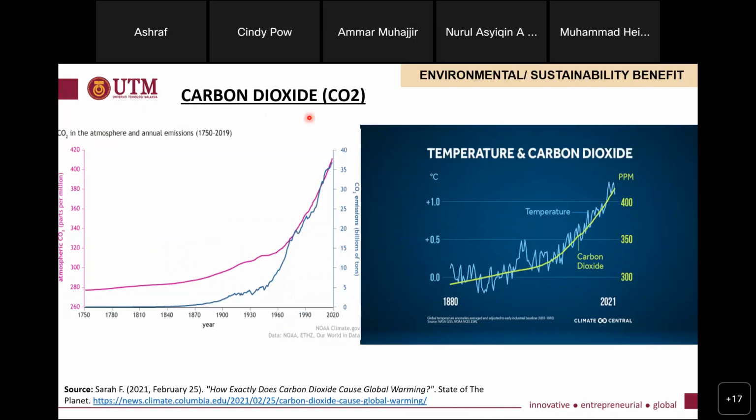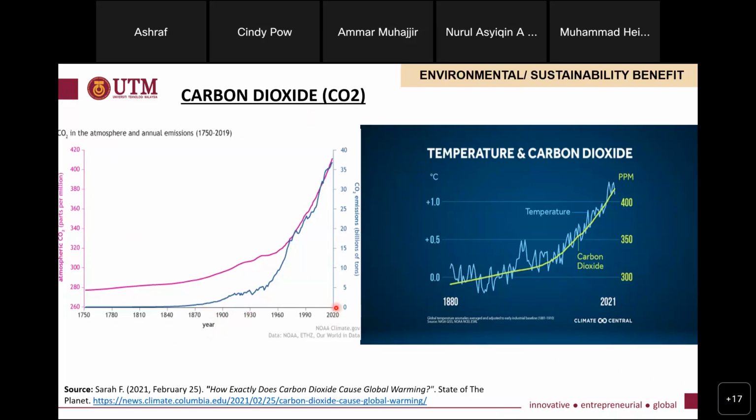Okay, so from our wastewater, waste and air emission that we generated, we are focusing more on carbon dioxide emission. This is because if we refer to the graph on the left side, we can see that the amount of CO2 emission increased significantly from 1900 to 2020.